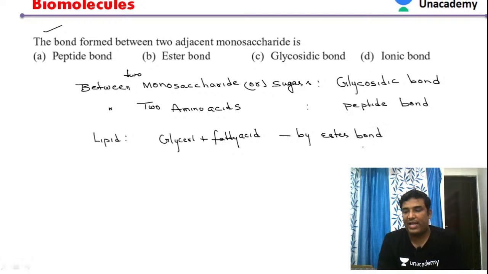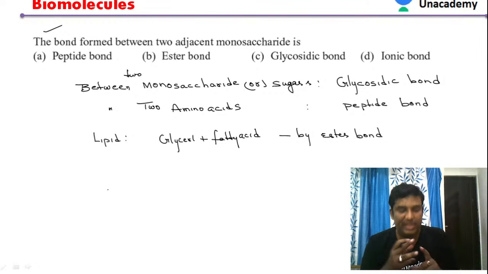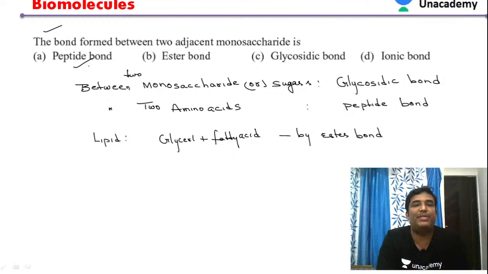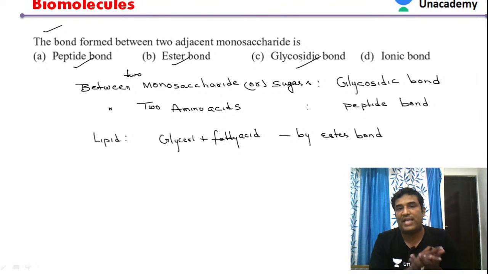Similarly, in nucleic acids, the phosphodiester bond will be present. So here three bonds are mentioned. Peptide bond is present between 2 amino acids. Ester bond is present in lipids. The glycosidic bond is the bond found between 2 sugars or 2 monosaccharides. So these are the different bonds. Based on this, our answer is option C.